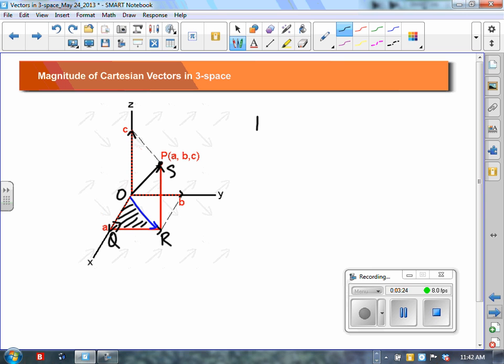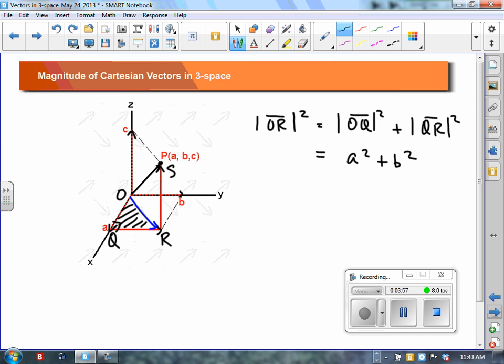So the magnitude of OR squared is going to be OQ squared plus QR squared. And given the notations we have for x and y of our endpoints, that's nothing more than a squared plus b squared.